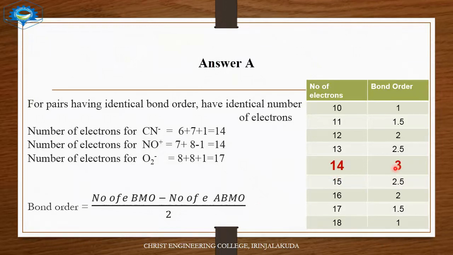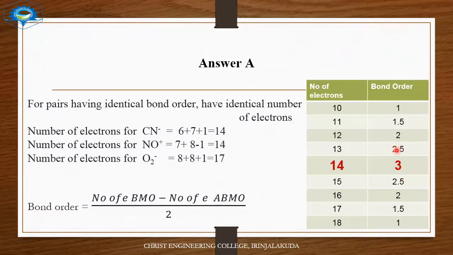Always 3. Remember, if the number of electrons is 14, then the bond order will be 3. If the number of electrons is 13, then the bond order will be 2.5, a 0.5 decrease from this value 3. If the number of electrons is 15, again a 0.5 decrease.